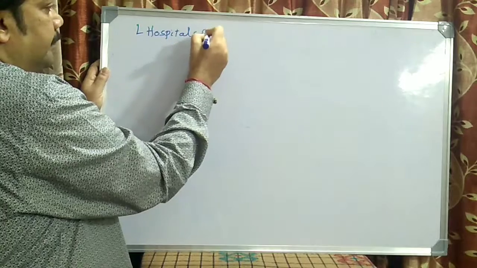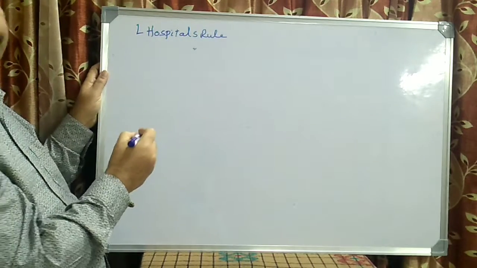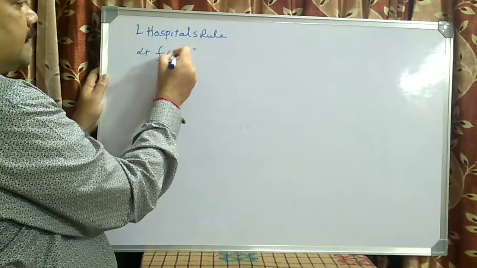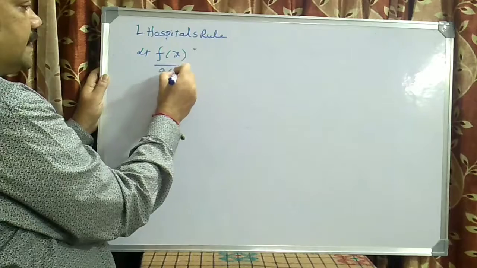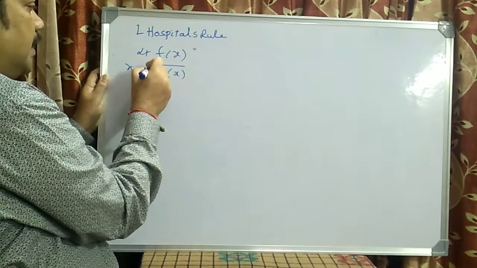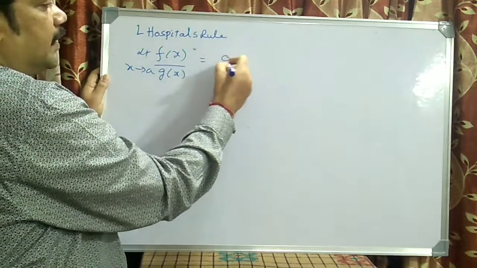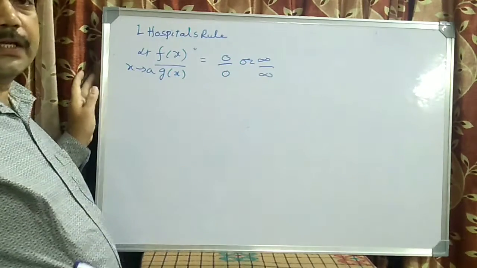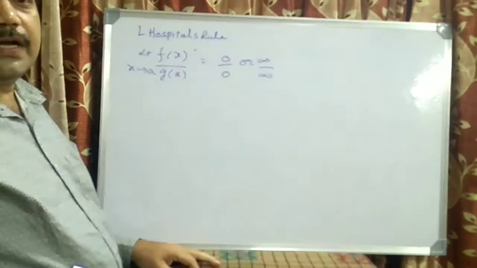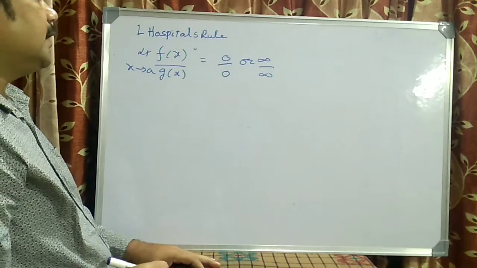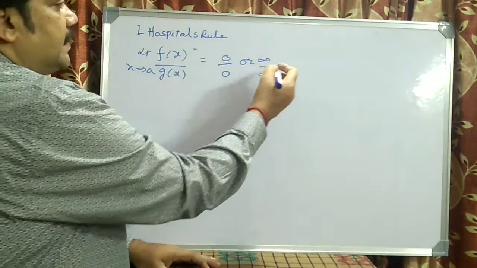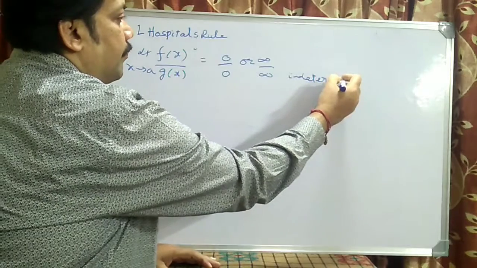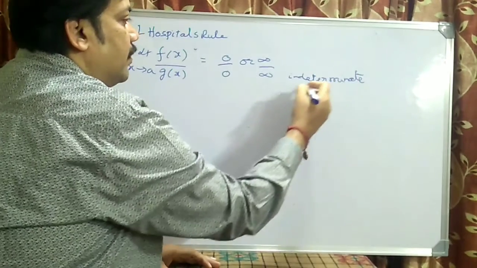Whenever you have limit of f of x divided by g of x as x tends to a taking the form either 0 by 0 or infinity by infinity, either 0 by 0 or infinity by infinity, then it is called an indeterminate form.